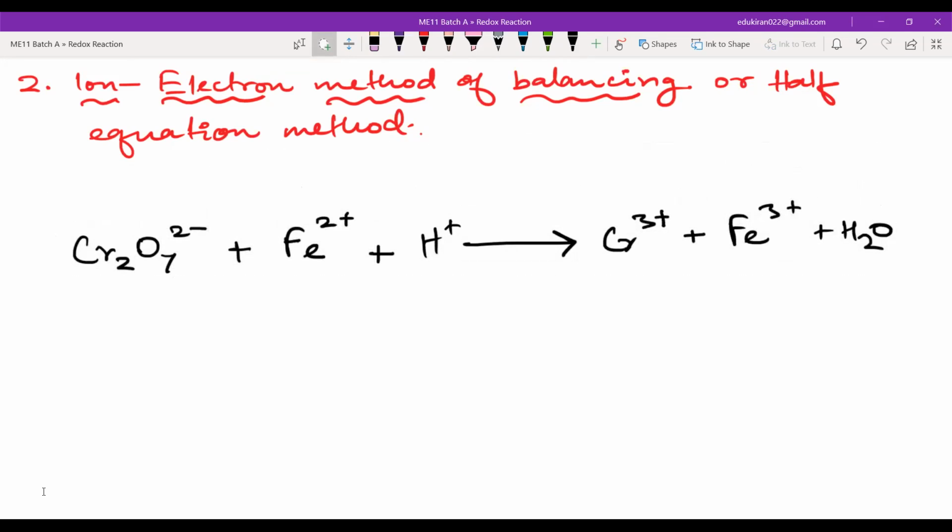This -2 is the oxidation state of oxygen, and 2 negative is the charge on Cr2O7.